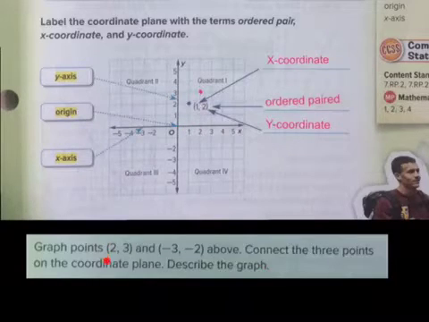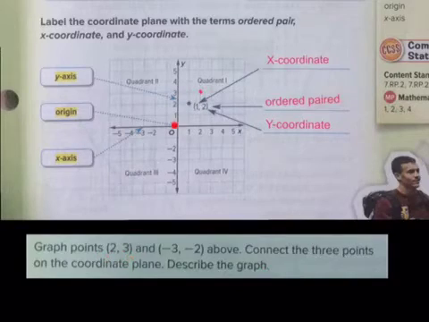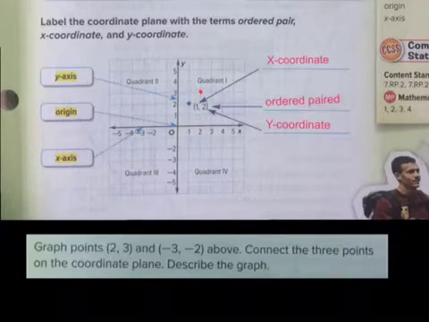We always do the x first and then the y. Always horizontal and then vertical. So we go over and up. There's (2, 3). Now we have to do (-3, -2). -3 horizontal first: 1, 2, 3. And then -2: 1, 2. And there you have it.